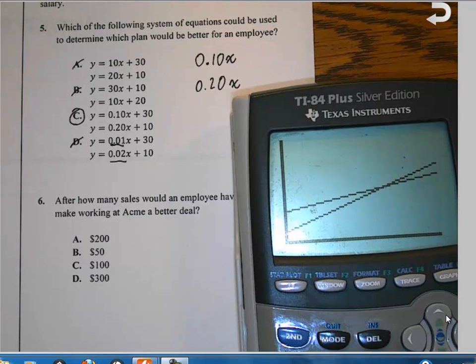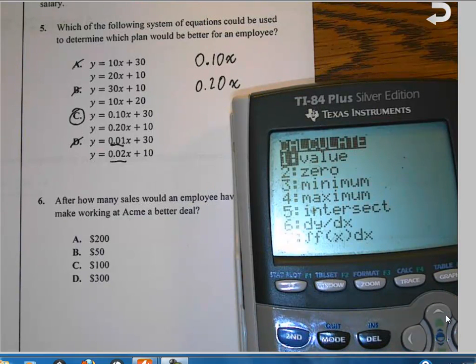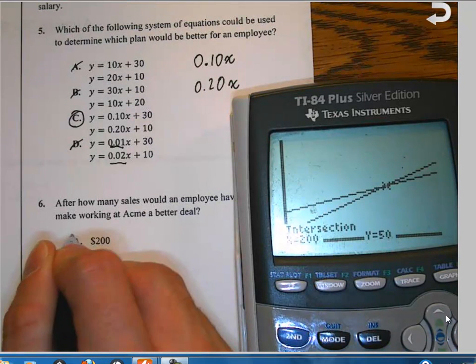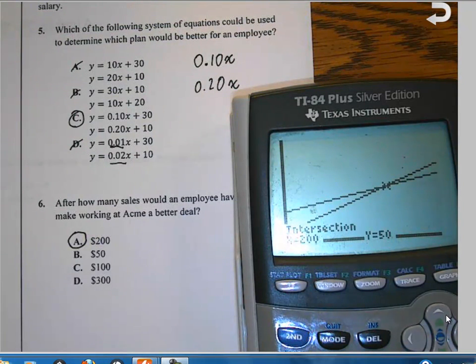And so you're trying to figure out the value of x where the point of intersection is. You can have the calculator trace the point of intersection, and it gives you an x value of 200, which is the point of intersection, which is what we were looking for. We could have solved it algebraically, but in the interest of time, and since you had access to the calculator, you should have gone on ahead and done that.